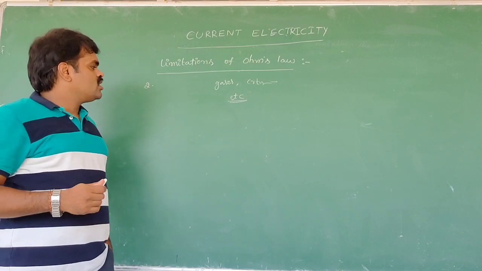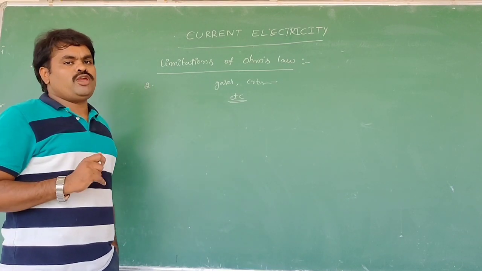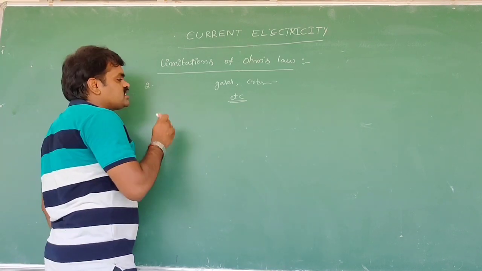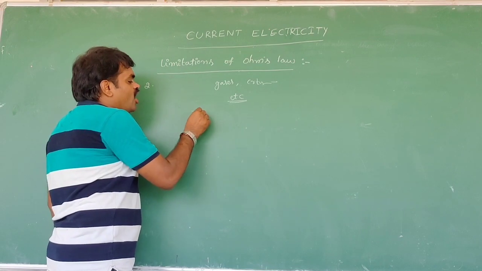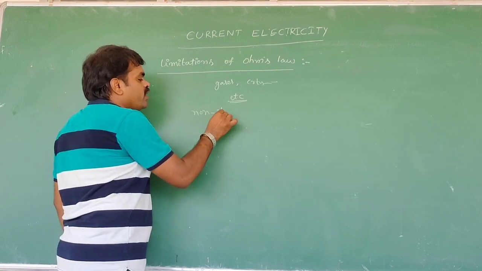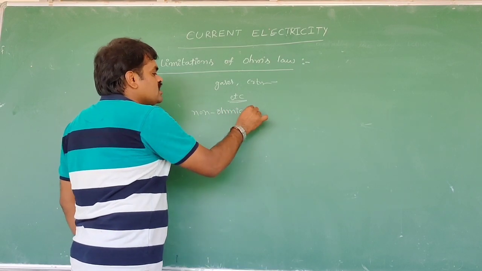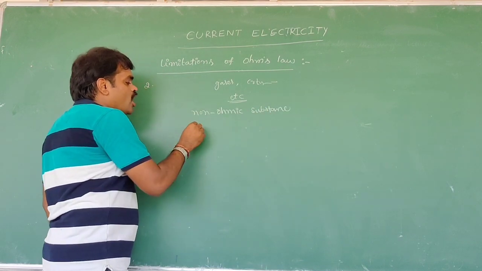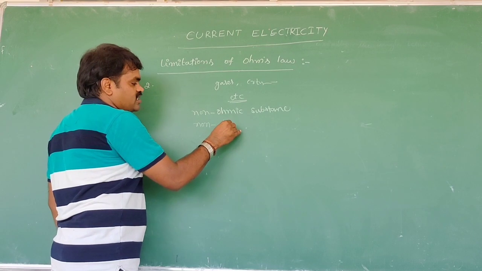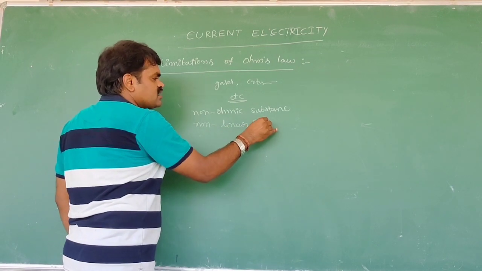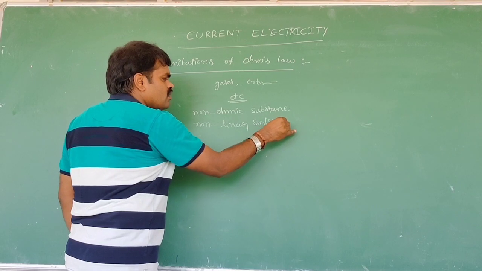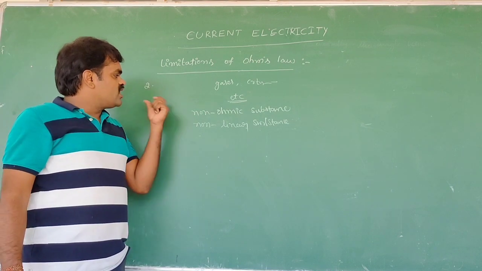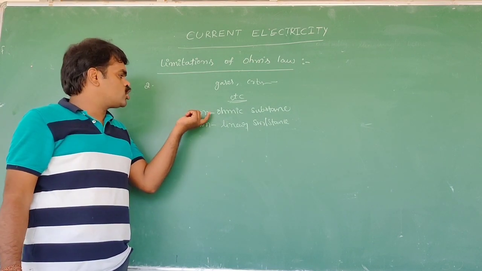Here, the substance or device which does not hold good Ohm's law is called a non-ohmic substance, or non-linear substance, or non-linear conductor.